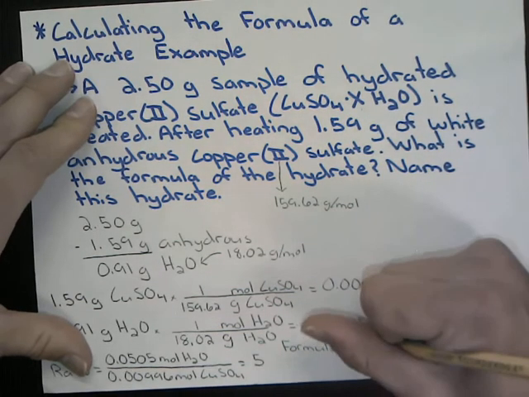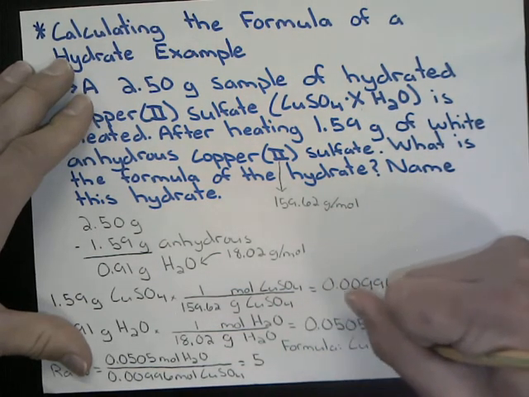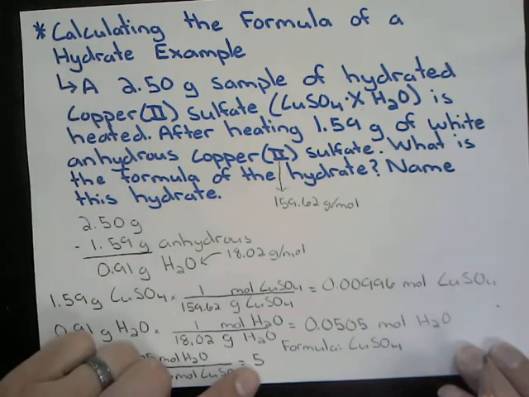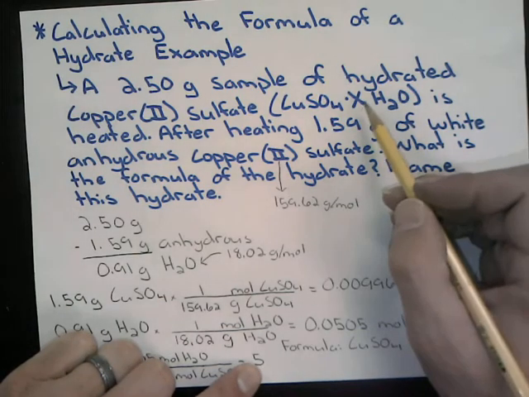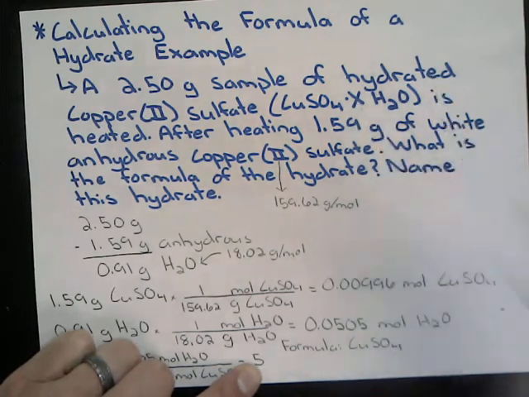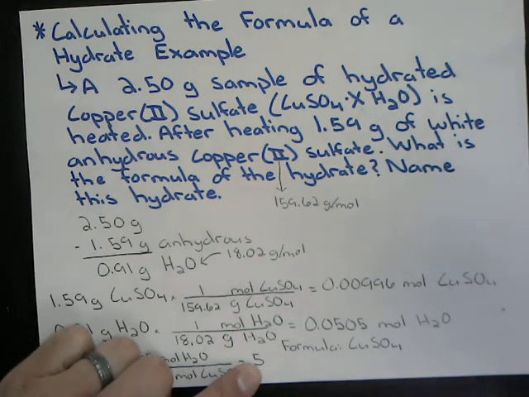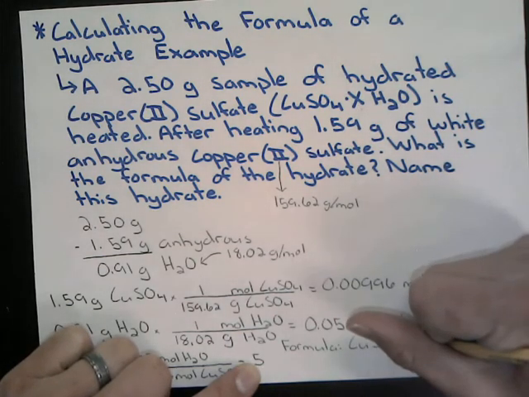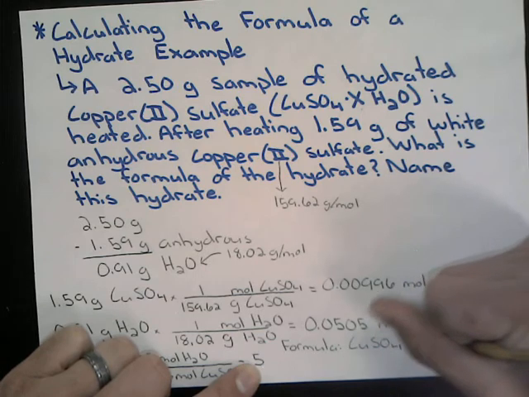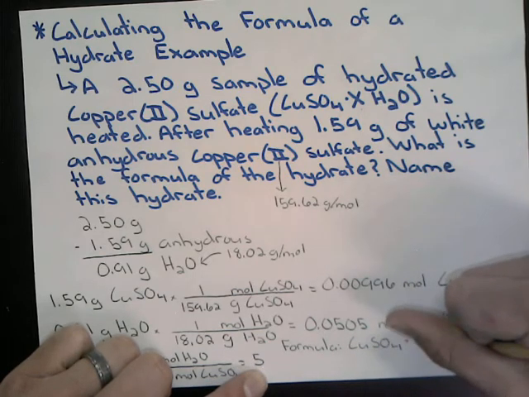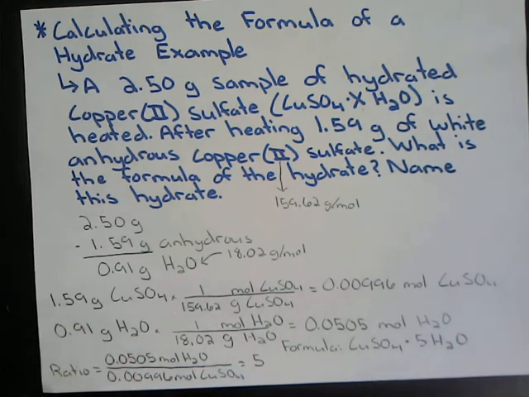It's going to be copper 2 sulfate, just as we saw here. This 5 replaces that X. It shows us how many water molecules are in this hydrate. So we put a dot to represent that we have a hydrate, and then we put 5H2O, and so our formula for copper 2 sulfate becomes something like this.